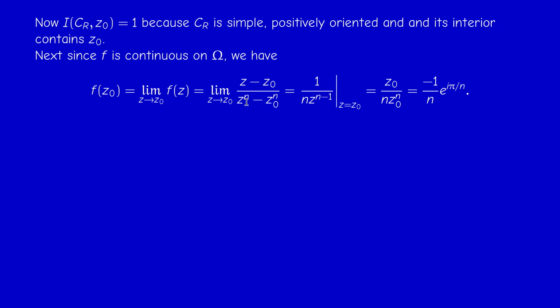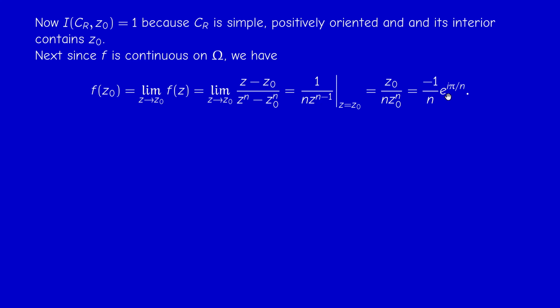And now this is Newton's ratio. So the limit of this ratio is 1 over the derivative of z^n at the point z0. The derivative of z^n is n z^(n-1). So this gives me 1 over n z0^(n-1). If I multiply by z0, why do I do this? Because z0^n is minus 1. So it's minus z0 over n, and it gives you this result.